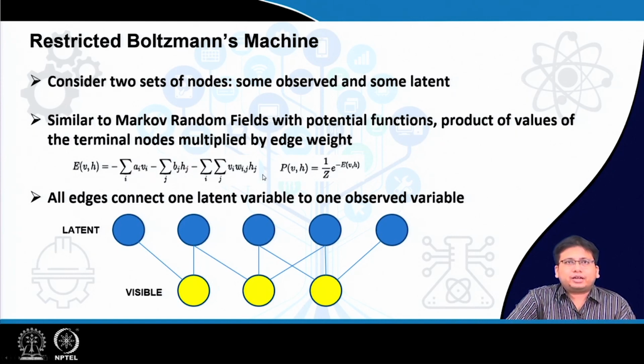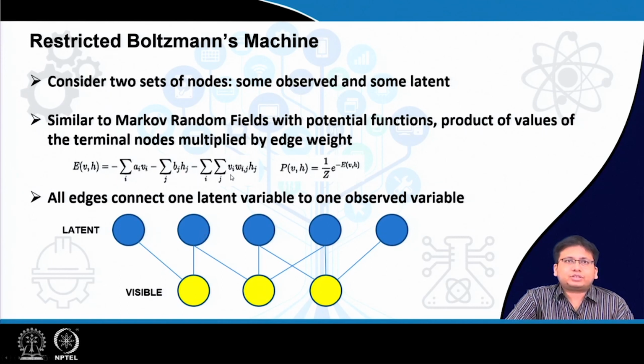So, let us say that there is an edge which connects the visible node Vi with the hidden node Hj. Note that here all the edges go across these two sets. I mean for any edge, one end will be latent, the other end will be visible. There is no visible to visible or latent to latent edges. That is why it is called a restricted Boltzmann machine. The edge structure is restricted in that sense.